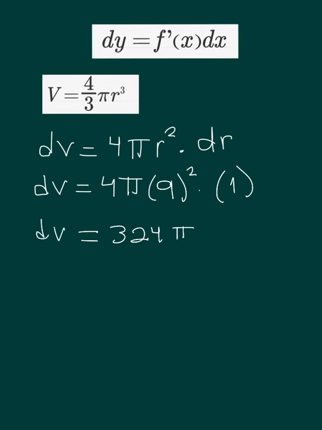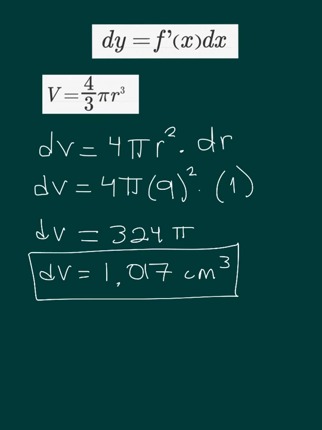So the differential of the volume equals 324 times pi, which is 1017 cubic centimeters. So that will be the volume of the peel, because it is the difference of the volume in the orange when we change the radius 1 centimeter, which is the change in the radius, because it was half of a centimeter in each side.